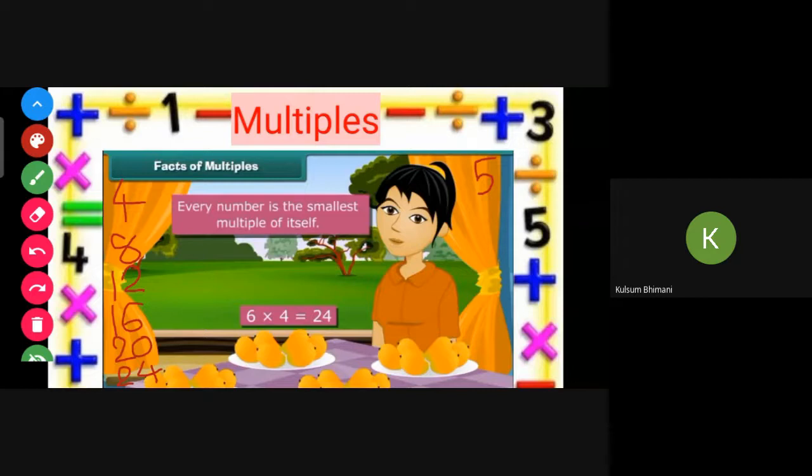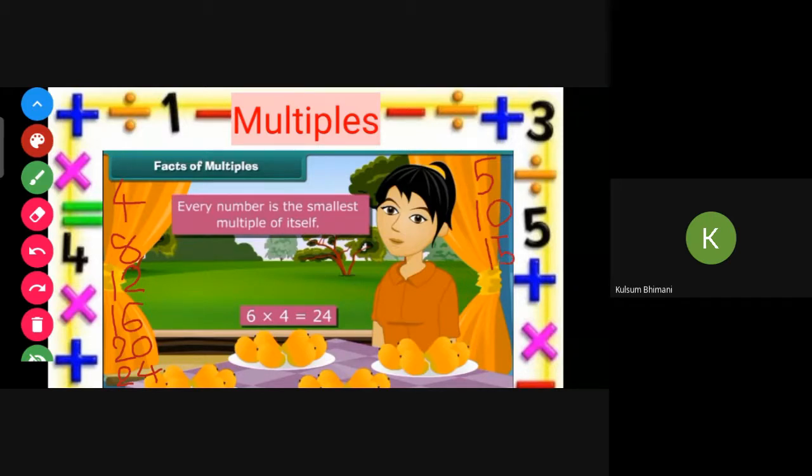Yes, ma'am. Will you say the table of 5 and multiples of 5? 5. So what should I write here after 5? Next, 10, multiple of 5. 10. Then 15.